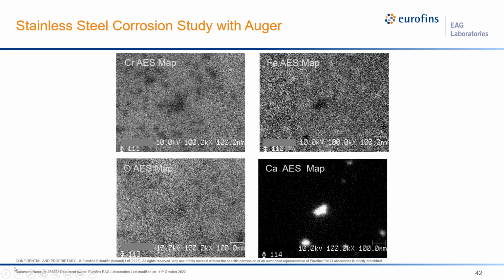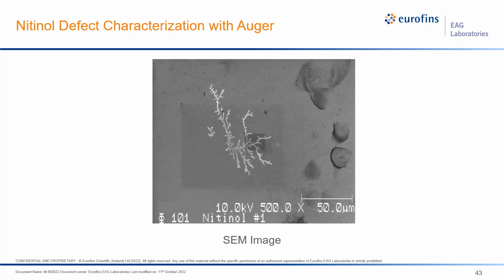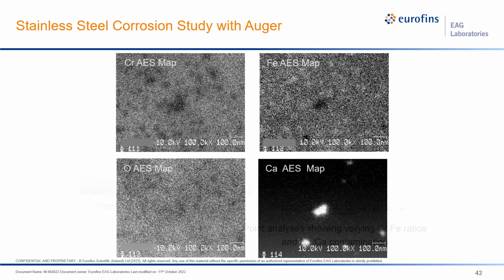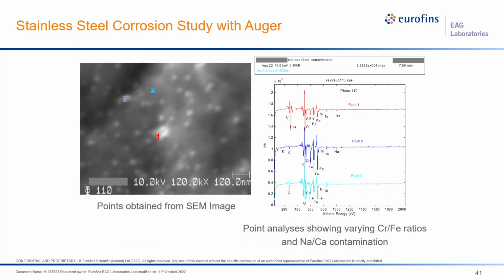This slide shows Auger maps, and the calcium map on the bottom right is showing a very bright spot, and this spot corresponds to location number 1.